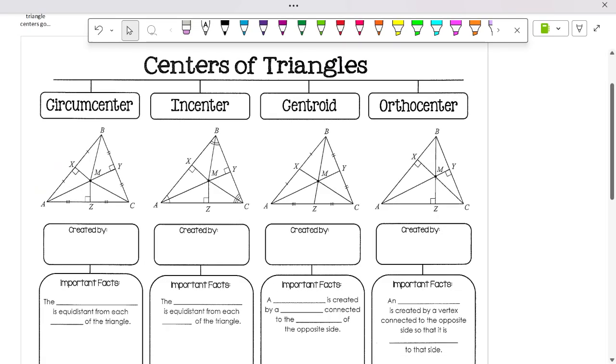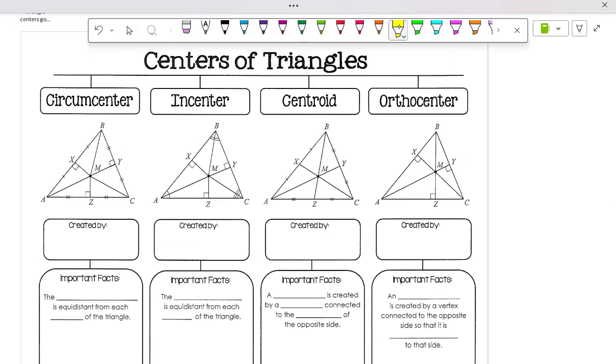Now, these are my 4 centers, which we already talked about: circumcenter, incenter, centroid, and orthocenter. All of these centers are where specific lines overlap, and those specific lines have names.